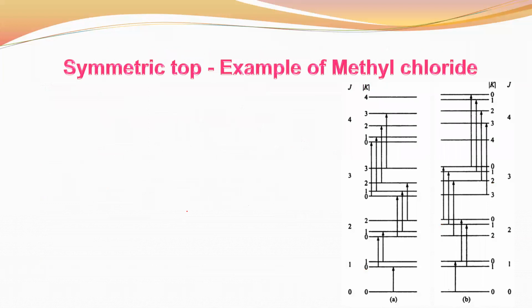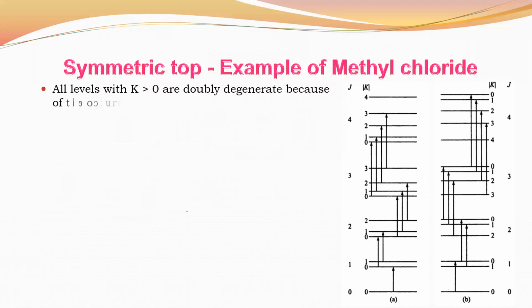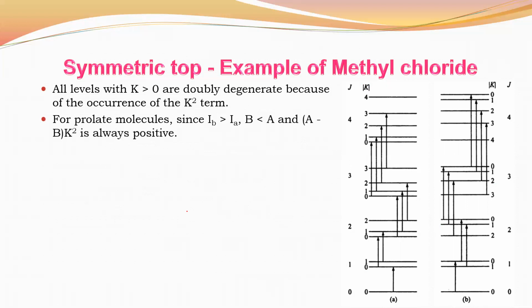And here, this is the spectrum obtained in the case of methyl chloride. All the levels with K greater than 0 are doubly degenerate because of the occurrence of the K square term.